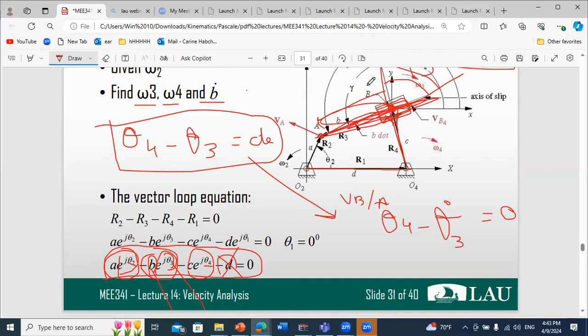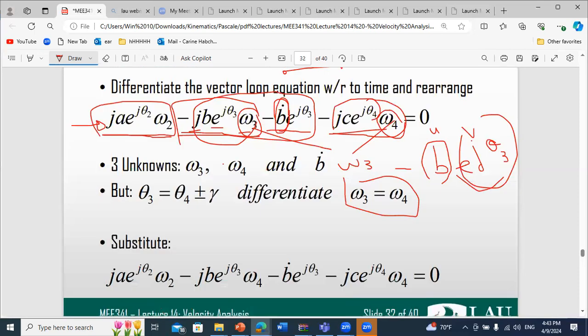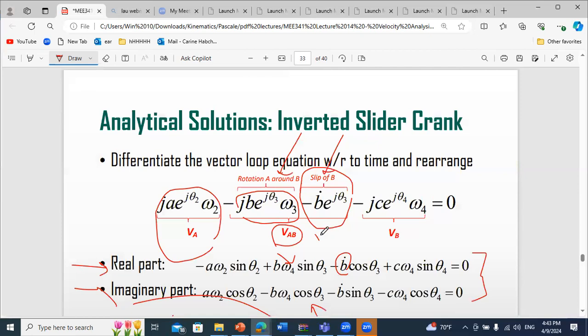It's from B to A, okay? That's why when you derive this expression, you will get VA, VB, okay, because we put minus, we are considering the opposite vector, okay?